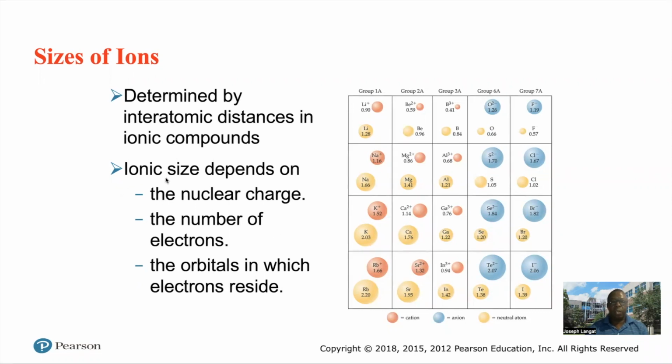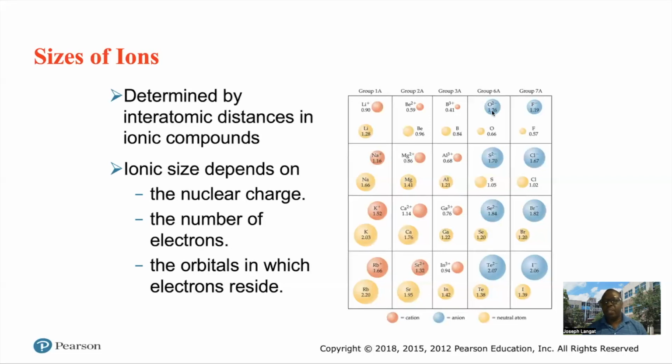The reason is that as the nuclear charge increases relative to the electrons, the force of attraction between the remaining electrons and the protons in the nucleus increases, therefore shrinking the atom. The number of electrons also decreases on the orbitals of these cations.